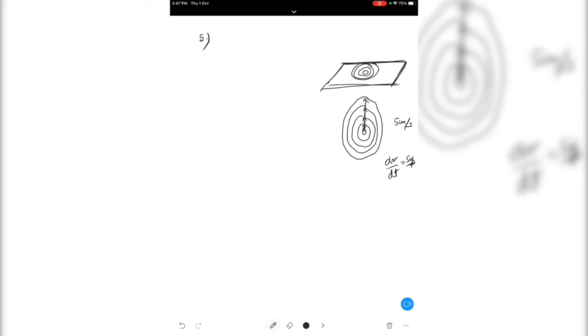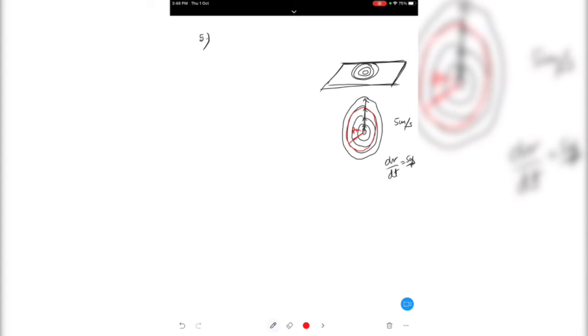So there is one particular instant at which the radius of the wave, suppose they are talking about this wave, is 8 centimeter. So you have to find what? How fast is the enclosed area increasing?